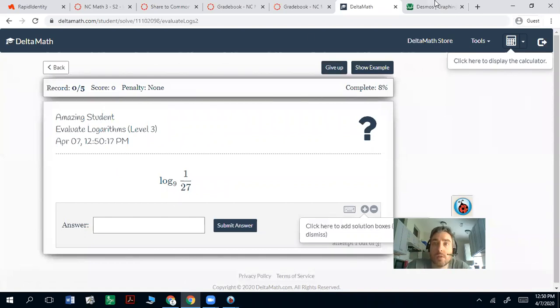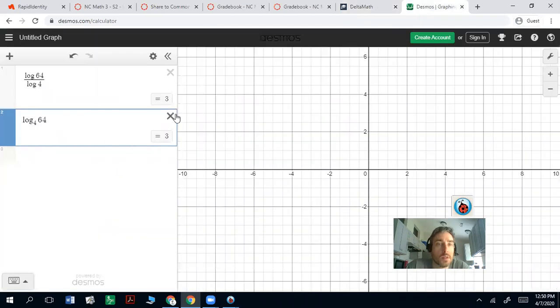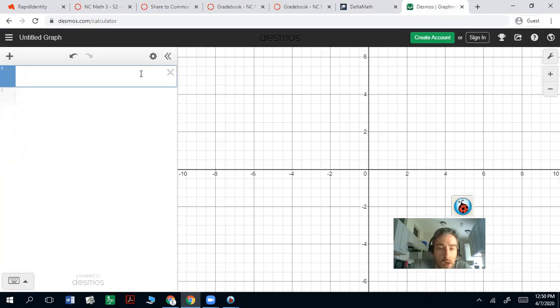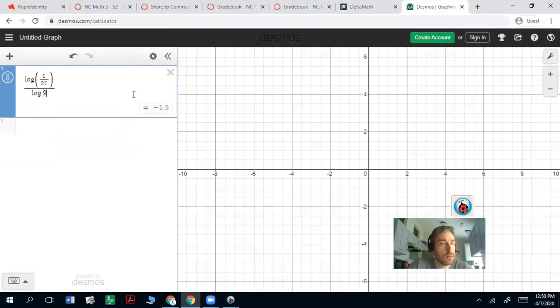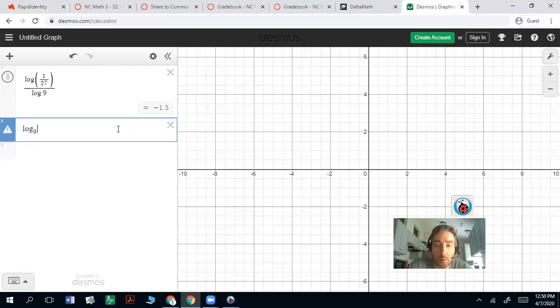Log base 9 of 1/27. So let's see, I would do either log of, ooh, I gotta use parentheses, 1 divided by 27, divided by log of 9. Or I could do log, shift minus, 9, parentheses 1 divided by 27.